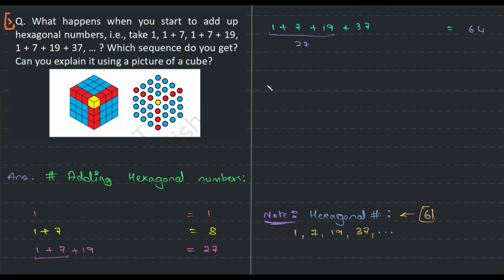So what are these numbers, the sequence? We'll just list it: 1, 8, 27, 64, so on and so forth. So what is this set of numbers? I'll give you guys a clue.